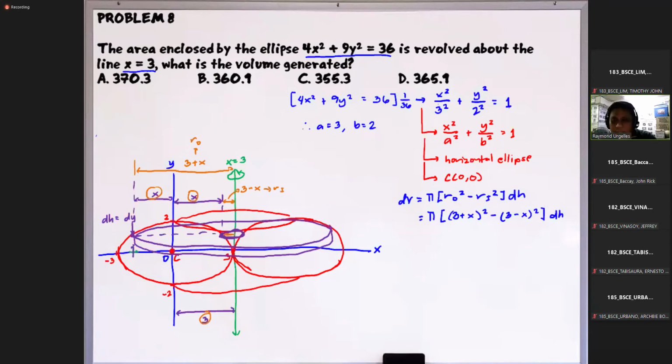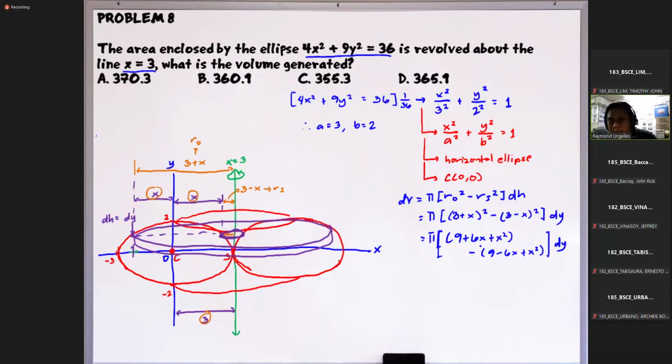Ang dh natin ay dy. Let's simplify first. We can expand this using binomial theorem. You have 9 plus 6x plus x squared, then minus 9 minus 6x plus x squared, multiplied by dy.